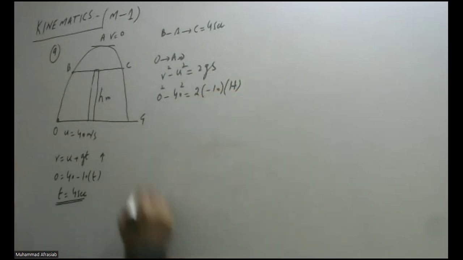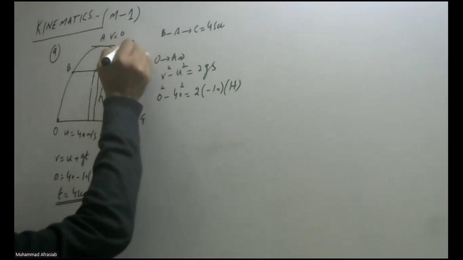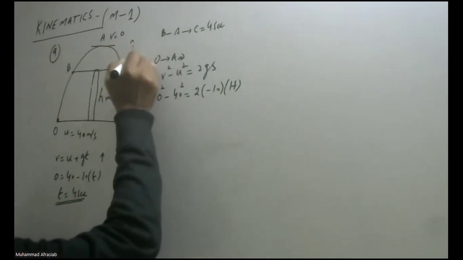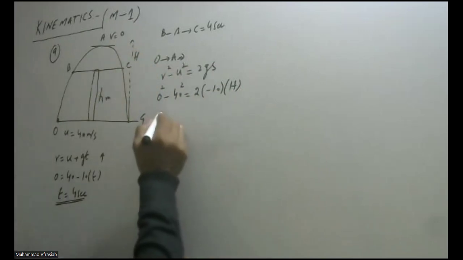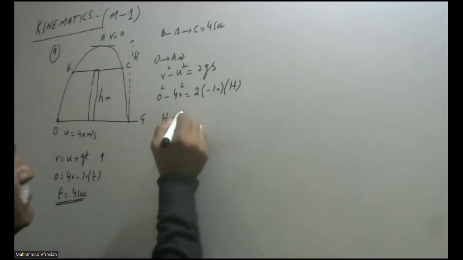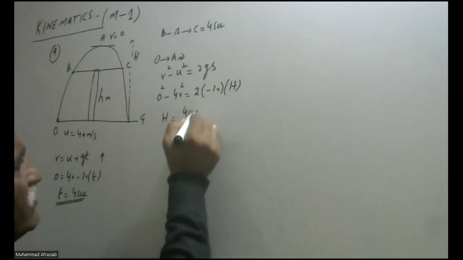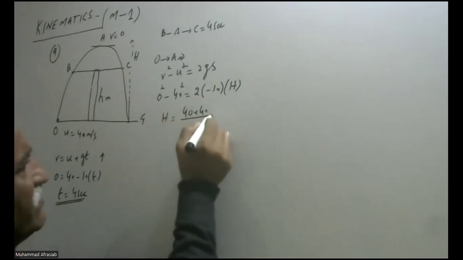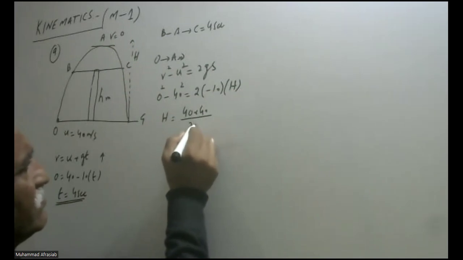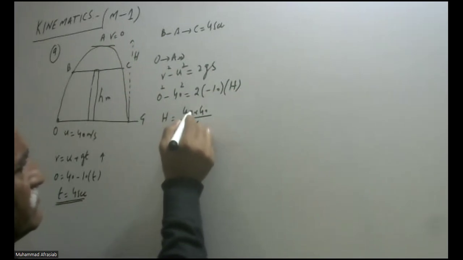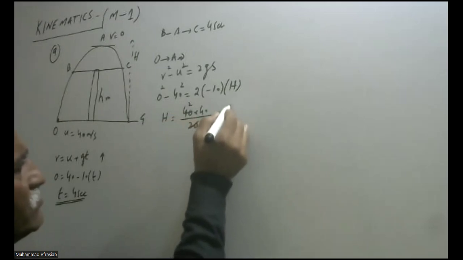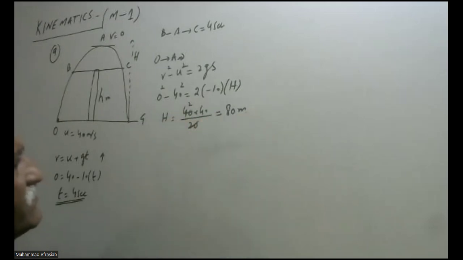Let's say this total height above the ground for that particle is denoted by capital H. So H is equal to 40 into 40 divided by 20. So this is equal to 80 meters.